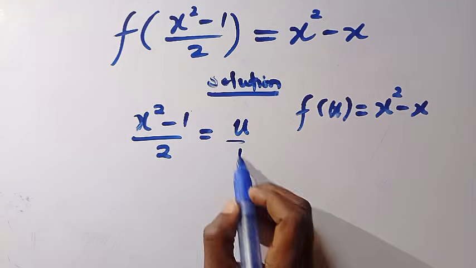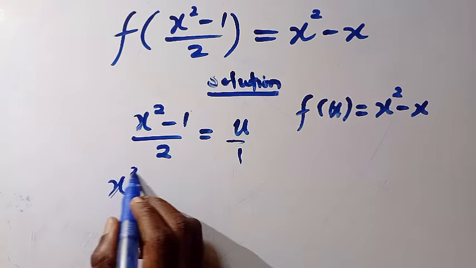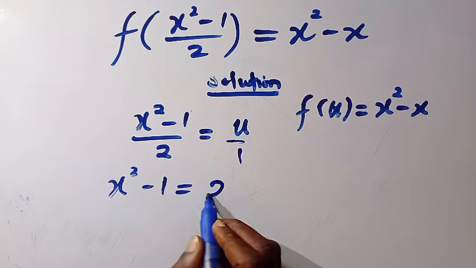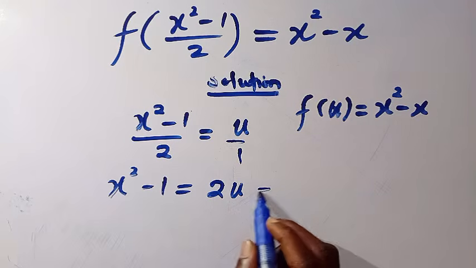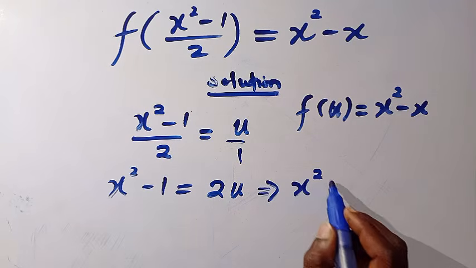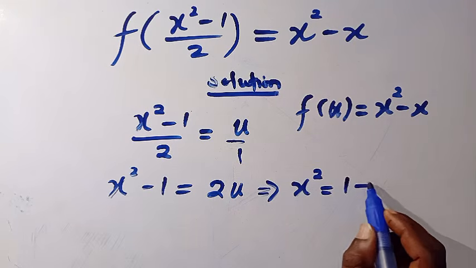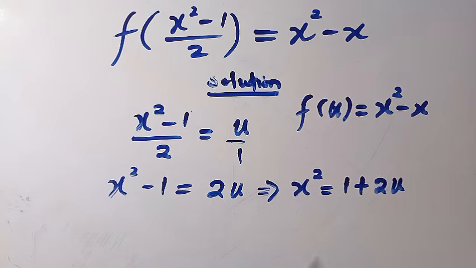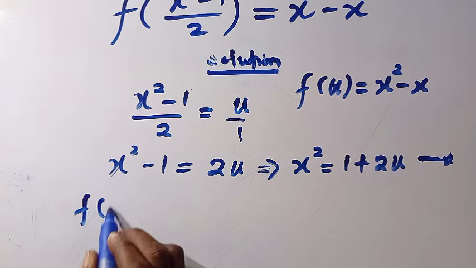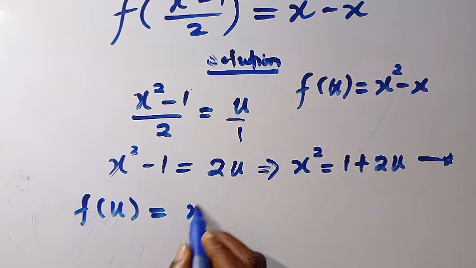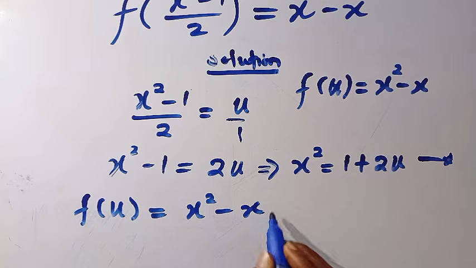So if I cross multiply, we have x squared minus 1 equals 2u. And by making x squared the subject of the formula, we are going to have x squared equals 1 plus 2u. So coming back to where we have f of u equals x squared minus x.